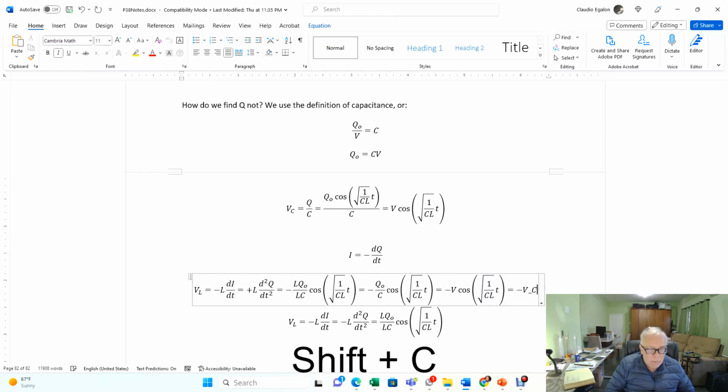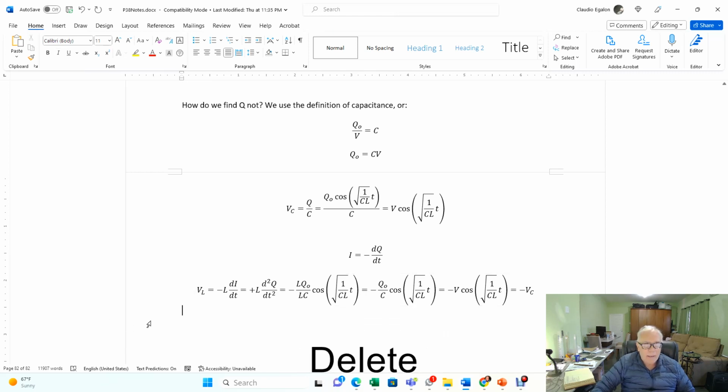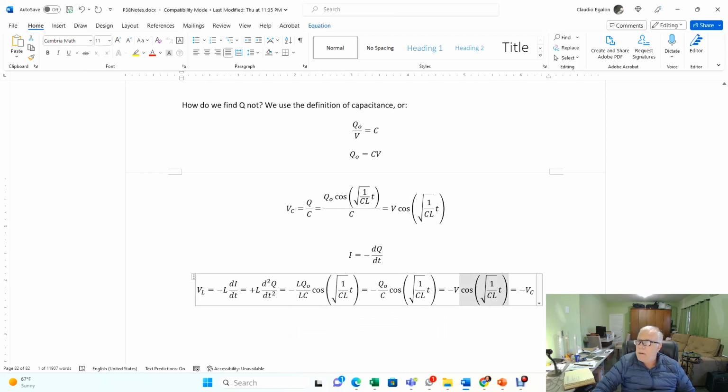V sub C. Okay, so VL is minus V sub C. And again, we have an oscillation circuit, a circuit that oscillates back and forth. That has a very important consequence. This type of behavior has a very important consequence.